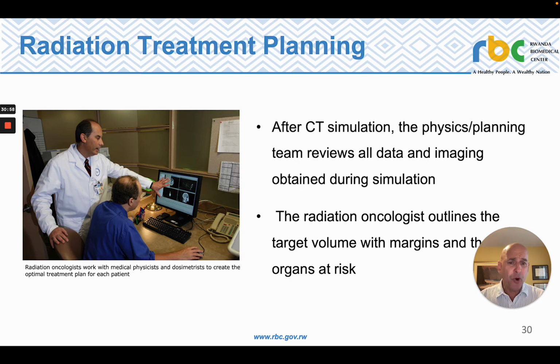So if you're treating a prostate, they'll also outline organs like the bladder, the rectum, the femurs, things like that, that will also see radiotherapy during the treatment course and need to be considered as those organs are at risk for toxicity down the road.